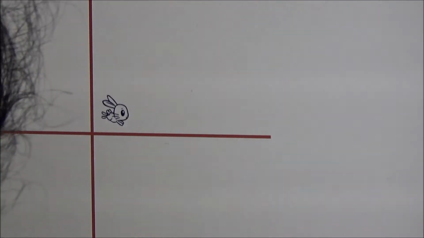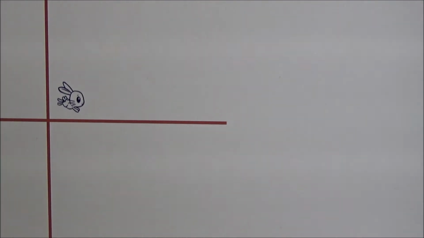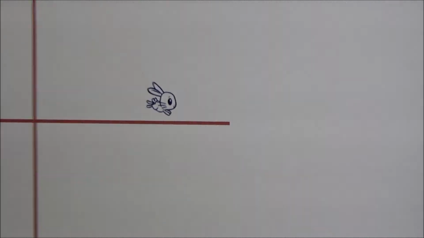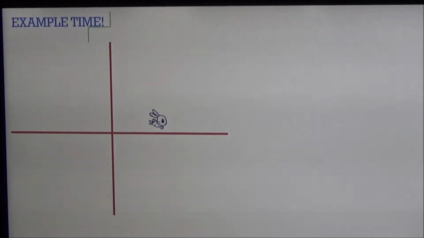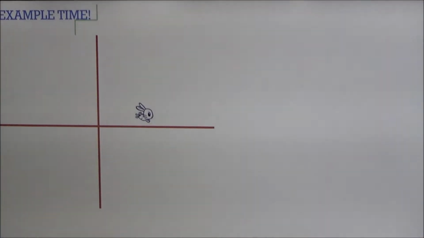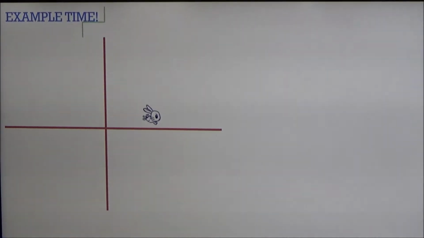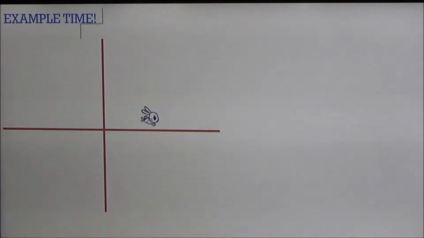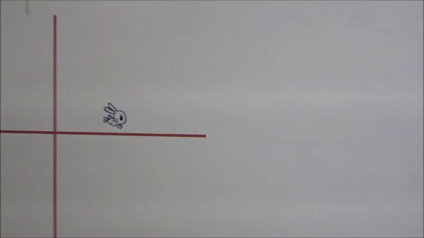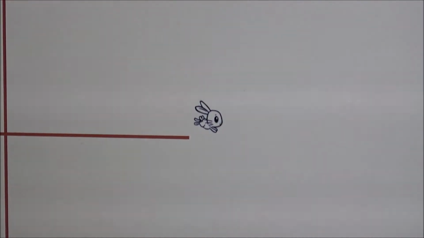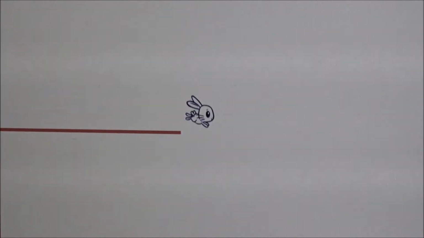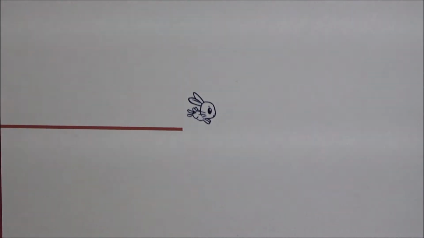It says here that first it moves 70 centimeters to the right, and then 30 centimeters to the left. We just subtract 70 minus 30, we obtain 40 centimeters. Then it says that it moves 100 centimeters to the right. We just add 100 plus 40, we obtain 140 centimeters.